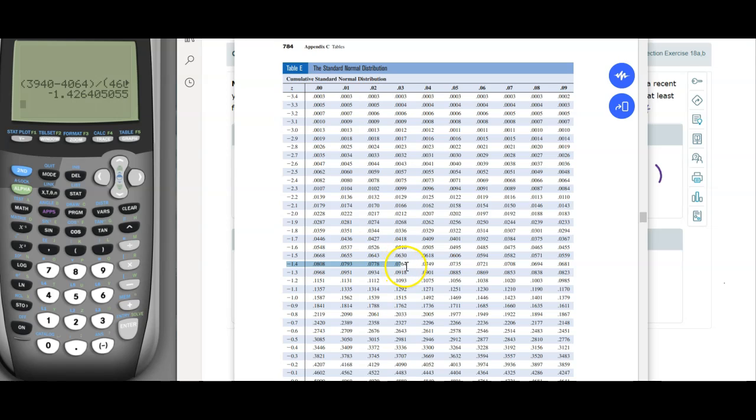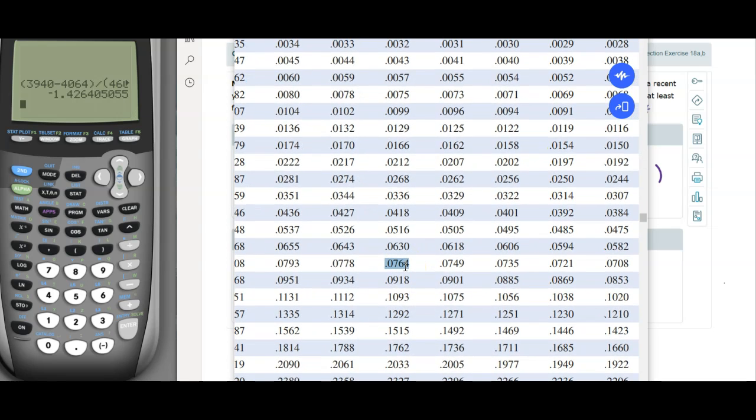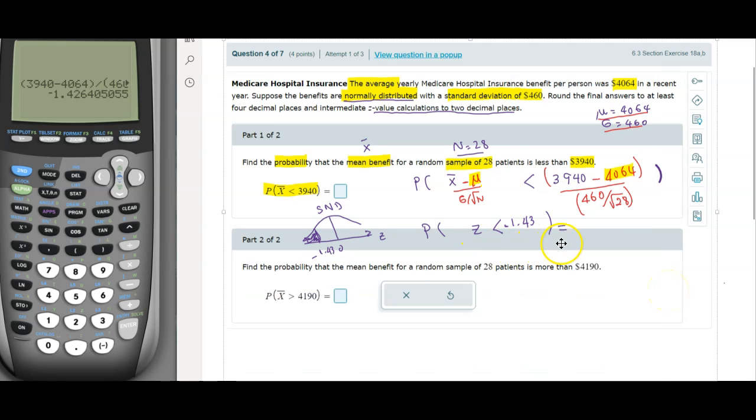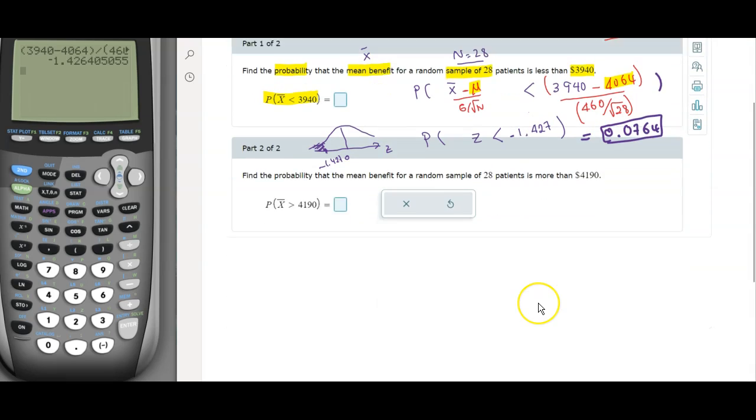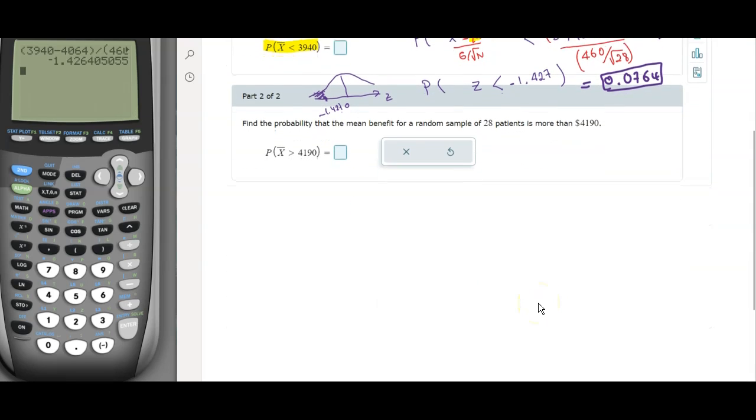So this is going to be this number, which is 0.764. So the probability here will be equal to 0.0764.